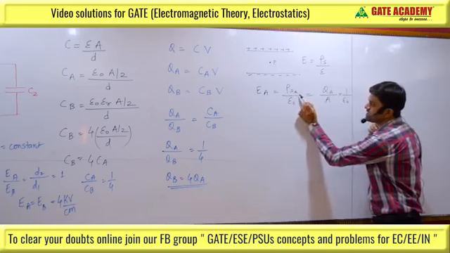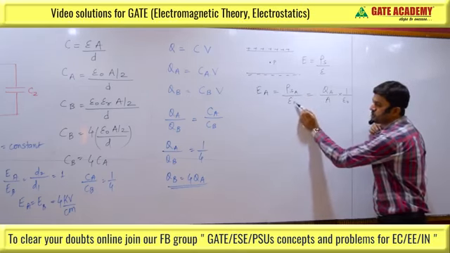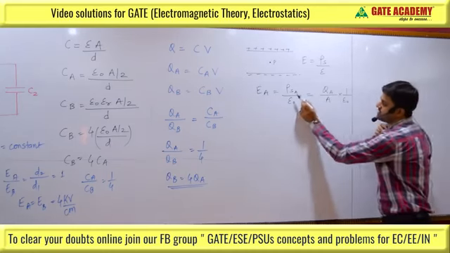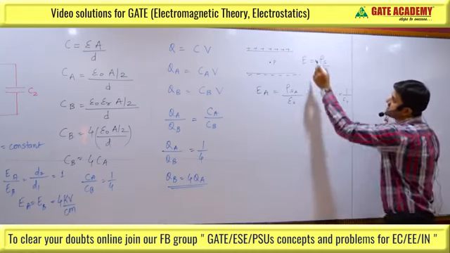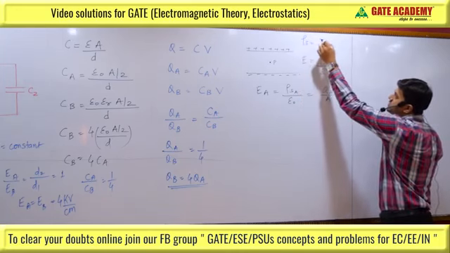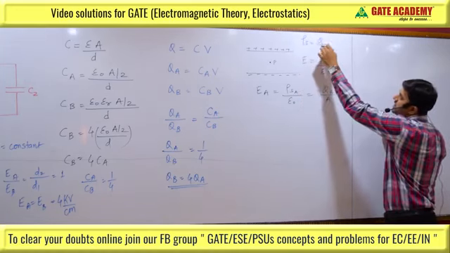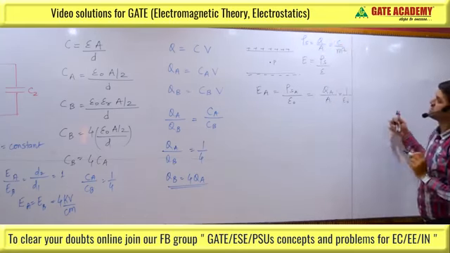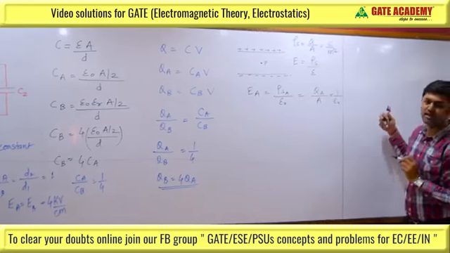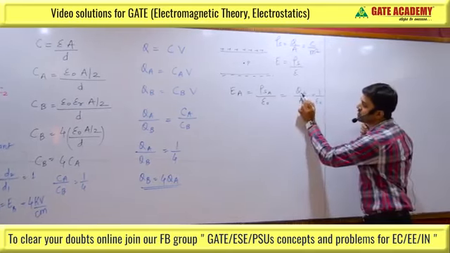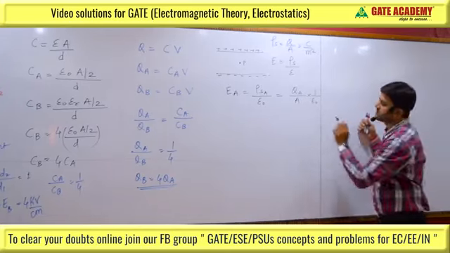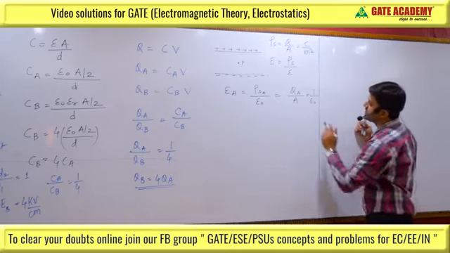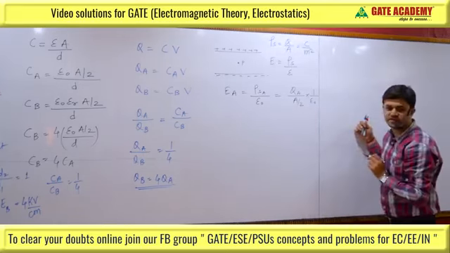This is given by rho s for the first region divided by epsilon. So epsilon equal to epsilon naught because it is air, and this is surface charge density, and surface charge density rho s equal to Q upon A, because its unit is coulomb per meter square. So charge divided by area. So the charge stored in the first region QA divided by its area, and we can also write area is actually half here.